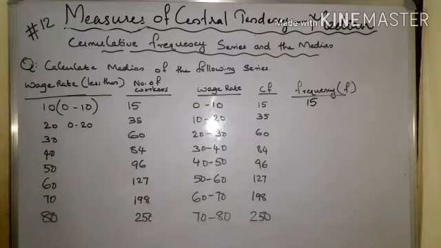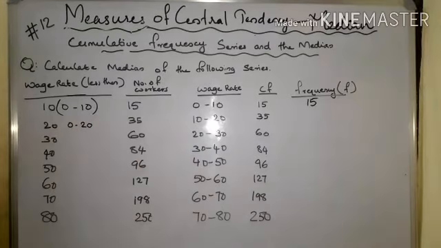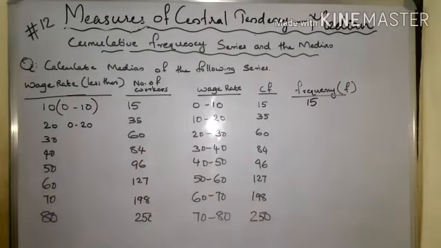Less than 20 means 0 to 20, and the number of workers is 35. But our class interval is only 10 to 20. So how can we find the actual frequency of 10 to 20? For 0 to 20 it is 35, but we need 10 to 20.